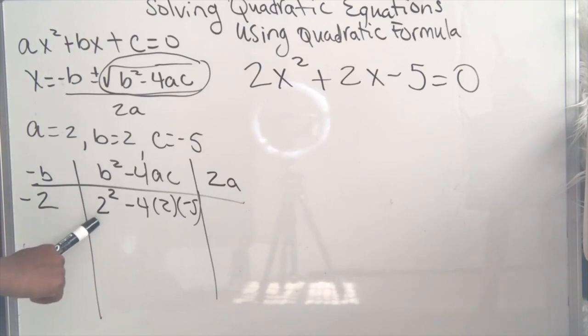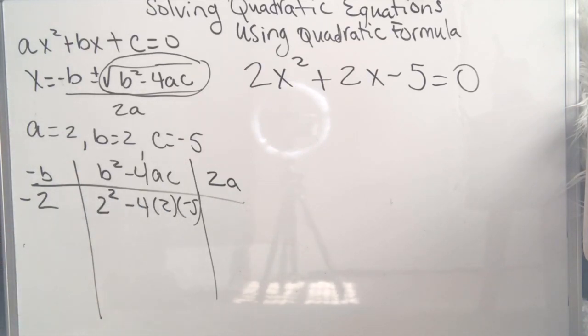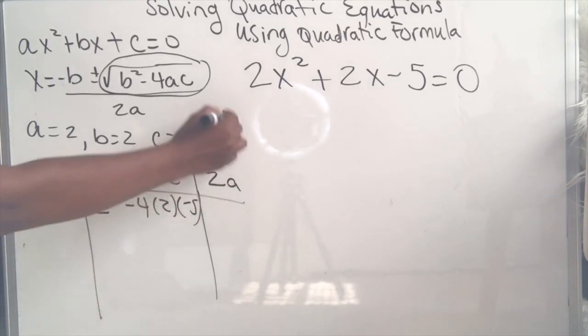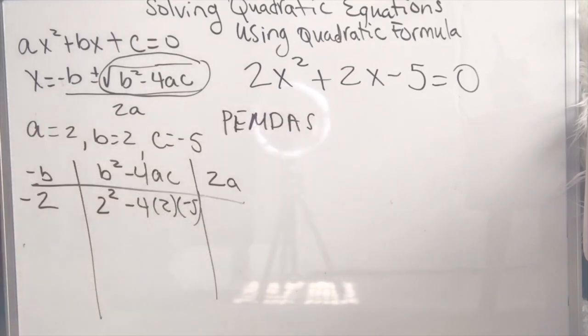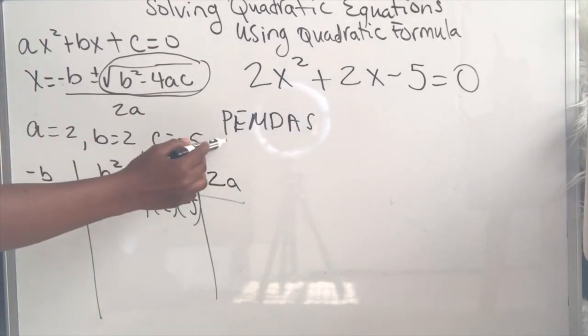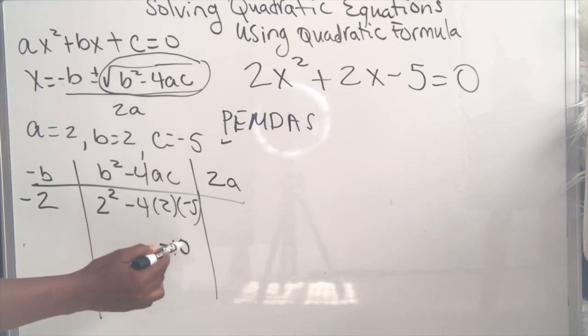So now that we have written this, we're going to do our PEMDAS. P-E-M-D-A-S. Do we have any parentheses? Yes, we do. 2 times negative 5 is negative 10.